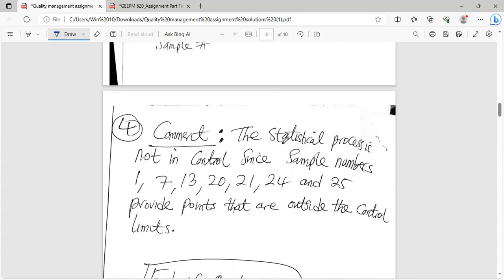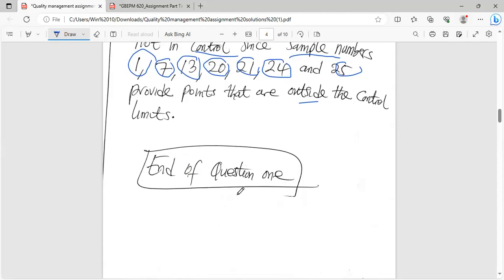So comment that the statistical process is not in control since the samples of 1, 7, 13, 20, 21, 24, and 25 provide that they are outside control limits. So that marks the end of question 1.